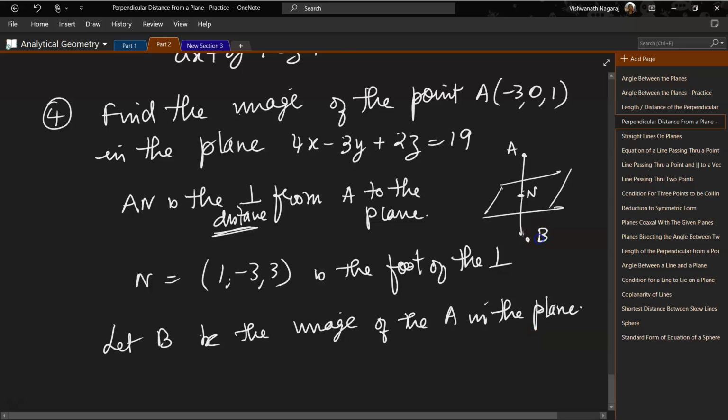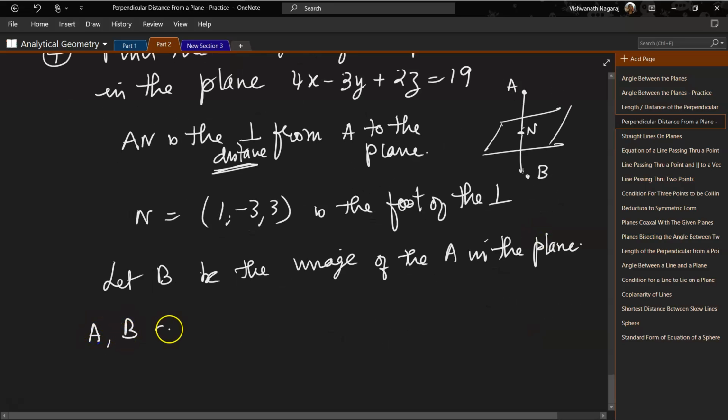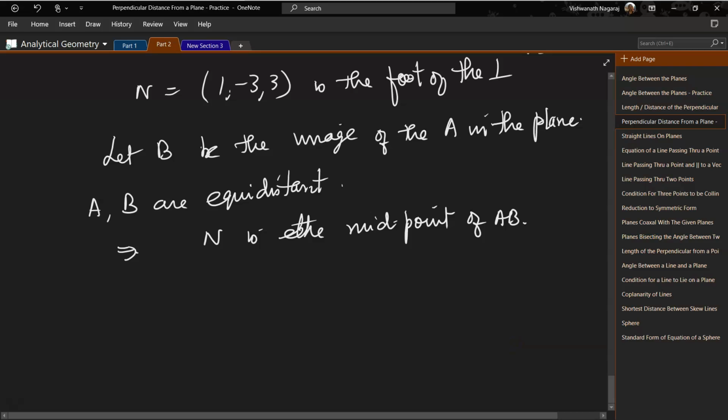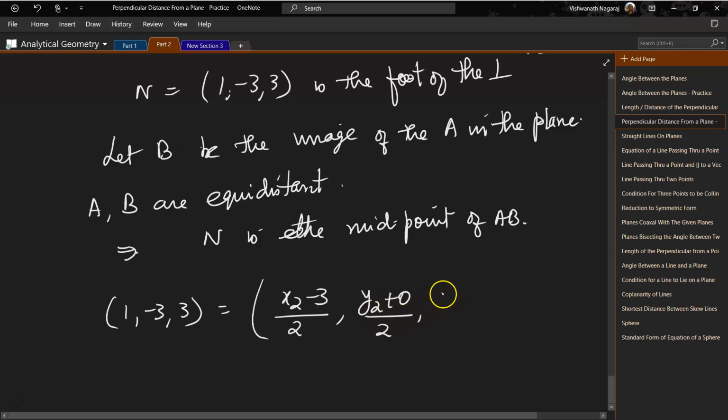So this is B. Now remember, A and B are equidistant, which implies that N is the midpoint of AB. We know the formula for midpoint. So 1, minus 3, 3 is equal to (x2 minus 3) by 2, (y2 plus 0) by 2, (z2 plus 1) by 2.